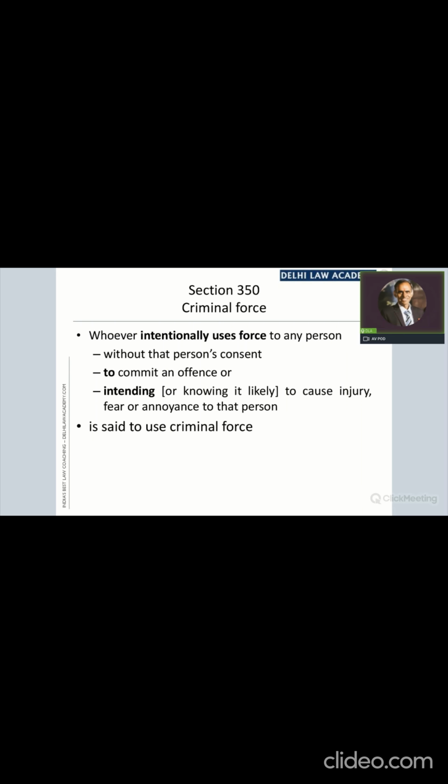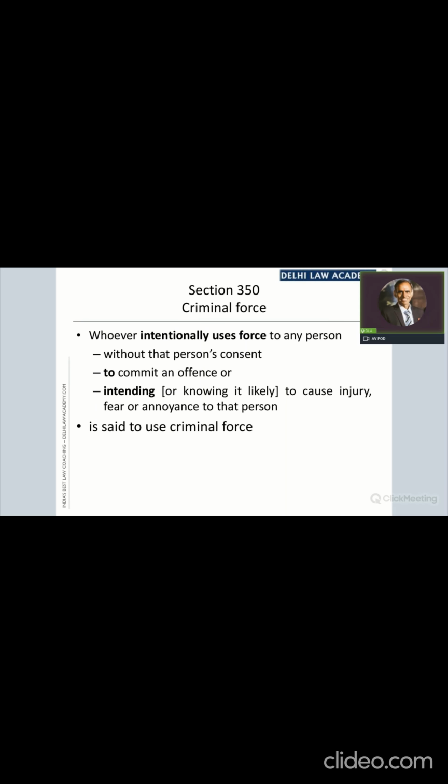So there must be use of force, first requirement, and second requirement is that it must be without that person's consent, and the third requirement is that this use of force must be either to commit an offense or with the intention or knowledge that it will cause injury, fear or annoyance to that person.